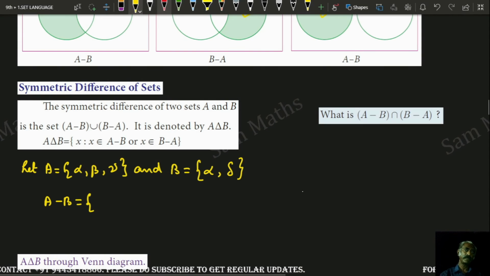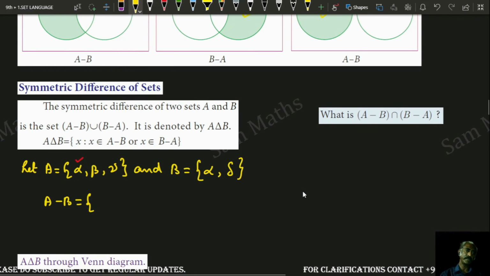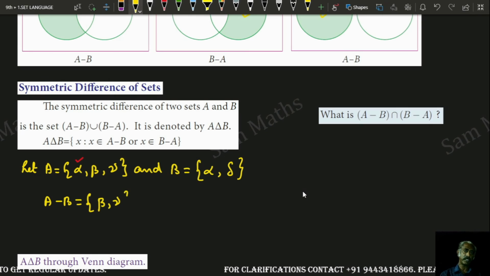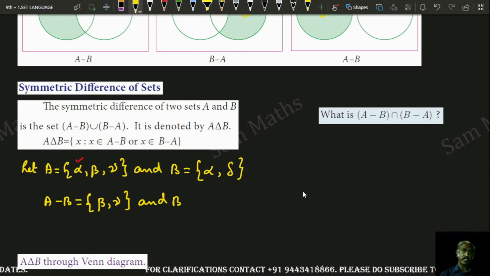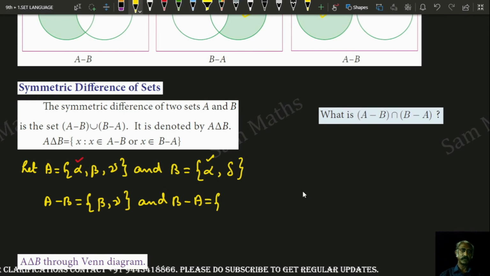You have to take off the common element from that. Here the common element is alpha. So you take off that alpha from A. That is beta, comma, gamma. And B minus A, you have to take off common element from B. That is only delta.